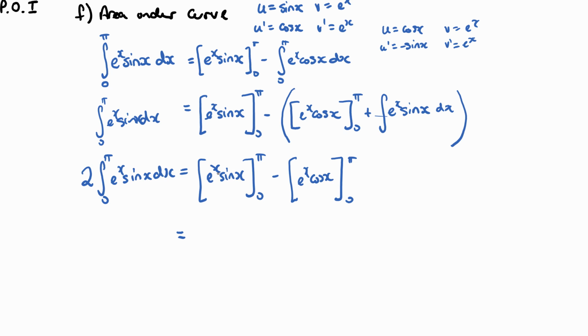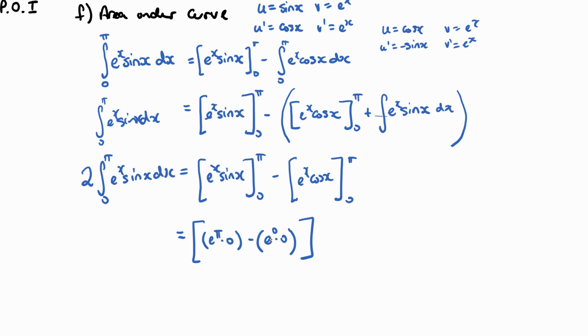So if I sub in pi and 0, I'm going to get e to the pi sine pi, and sine pi is 0, minus e to the 0 sine 0, which is just 0.